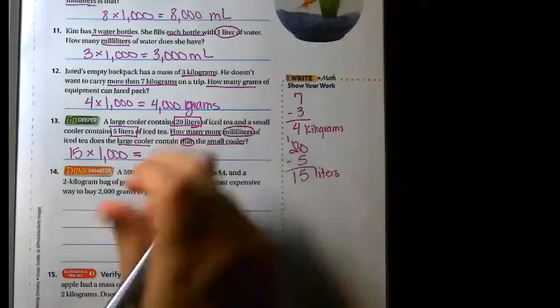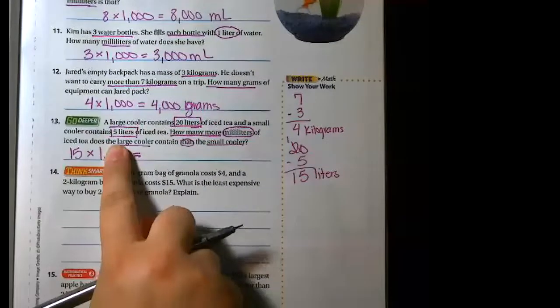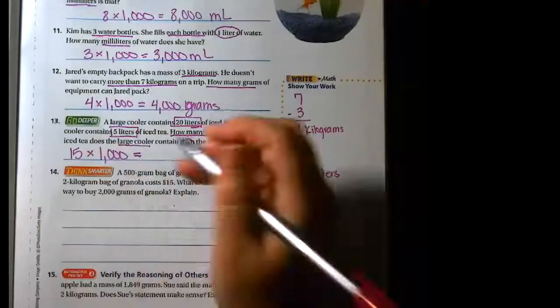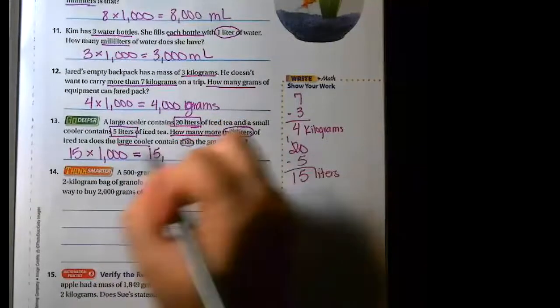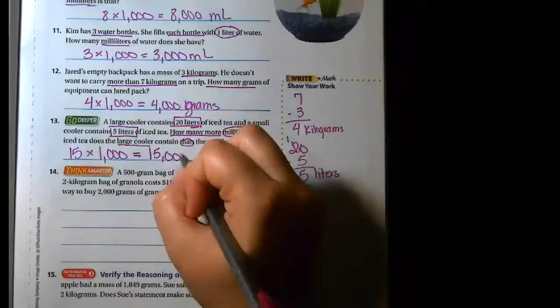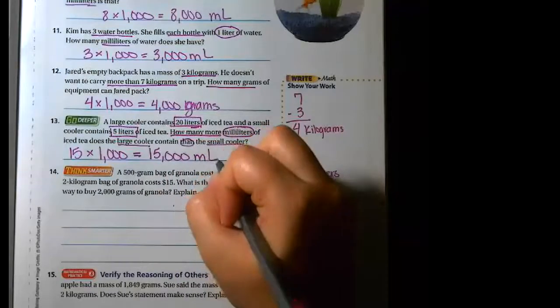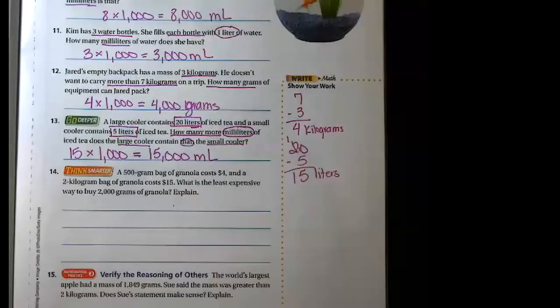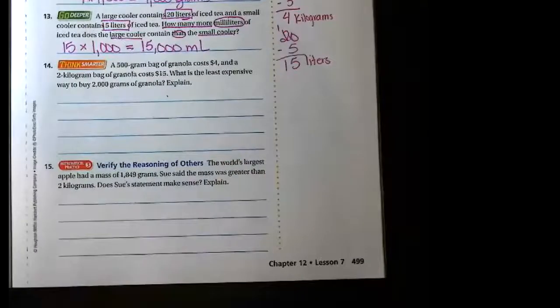Good. You could do my magic finger, cover up my zero. So I would have 15 times 1, which would make 15. And then attach my 3 zeros back on and make sure to label. 15,000 milliliters.